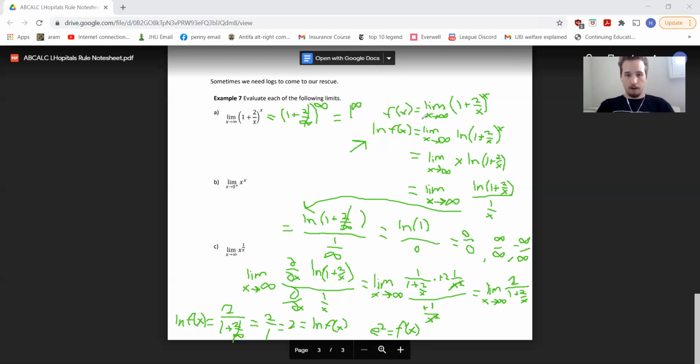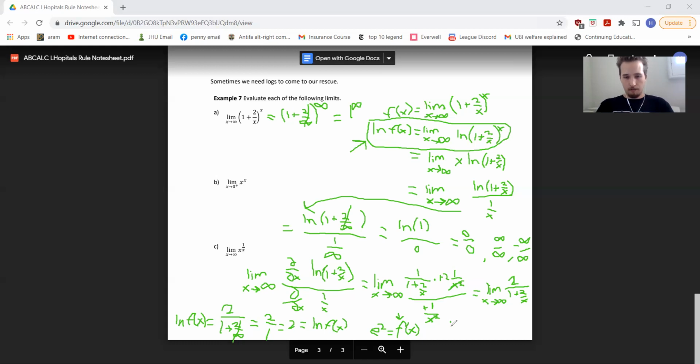We started this out by natural logging the whole equation, right? We natural log both sides. So now we're just undoing what we did by putting each to the e power. E to the ln of f of x just becomes f of x, and e to the 2, or e to the second power, is just e squared.